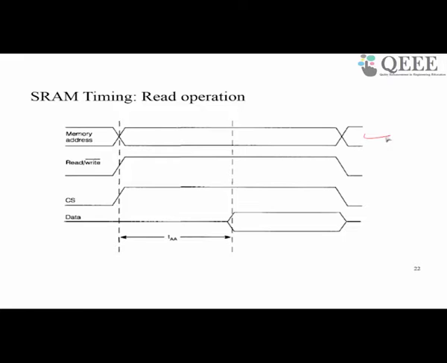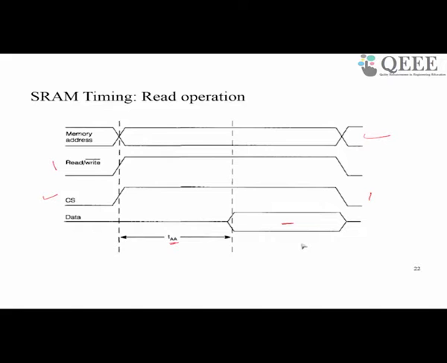Then for reading, the read bar write control line has to be placed at 1. Then the chip has to be selected, CS made 1. After a duration called TAA, the time for the SRAM to read, the data will be available here, which can be taken outside.